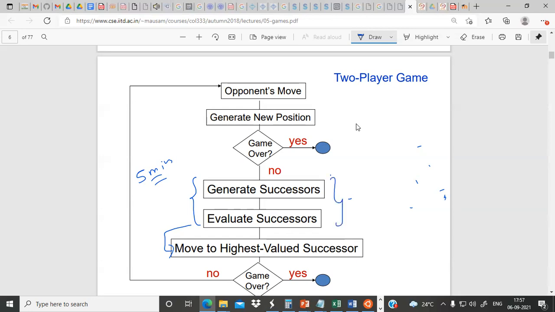In that case, we have to apply some approximation technique and identify the most appropriate move. In most real-world cases it will be like this, because we cannot always create and evaluate all successors to find the next state, since we have a limit on the time, right?